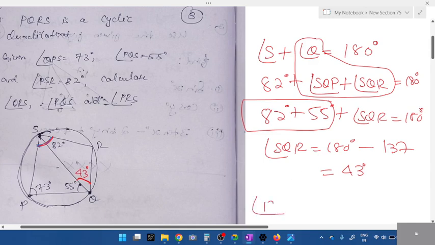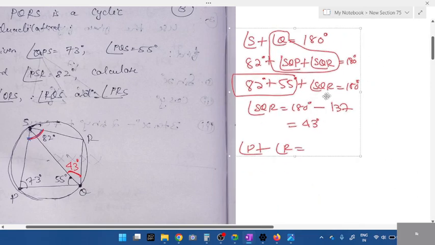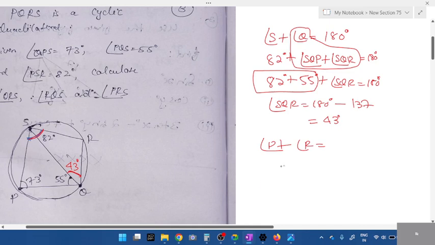Next, what is angle P plus angle R, students? Even that is equal to 180 degrees. Angle R is equal to 180 minus P, which is 73 degrees.